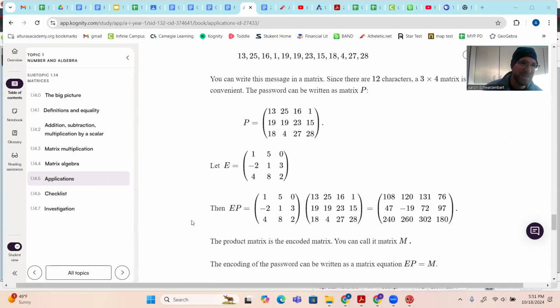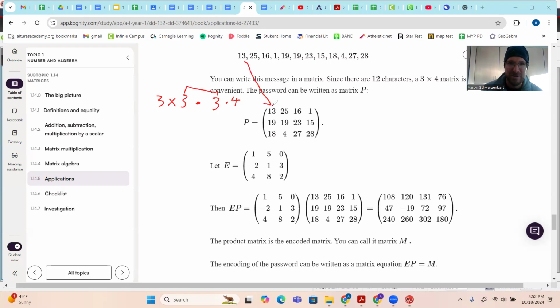So if we're using a 3 by 3 encryption matrix, we know that if we're going to multiply it by my phrase, I have to have a 3 by something. Well, for 12, that's got to be 3 by 4. You could use a 2 by 2 and have a 2 by 6 matrix, but remember when we do matrix multiplication, this has to line up.